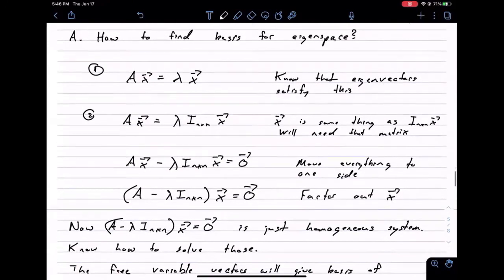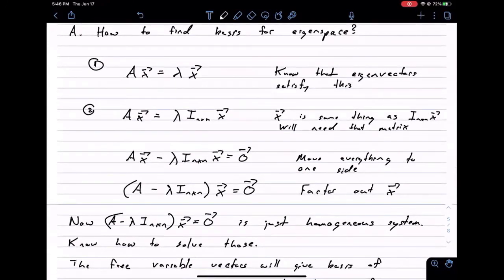Let's move everything now to one side of the equal sign. So I'm going to subtract this term from both sides to get this. And then notice there's an x on both of these terms. We can factor out that x. What do I get when I factor out x from here?